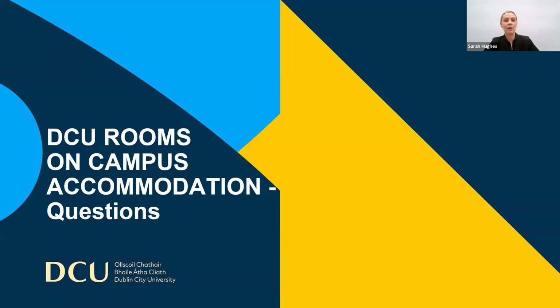Full details of the occupancy license will be sent to any student that has a reserved booking with us and would need to be signed by all students. If you've got any questions about anything, please feel free to email campus.residences@dcu.ie, and we would definitely be able to answer any of your questions.